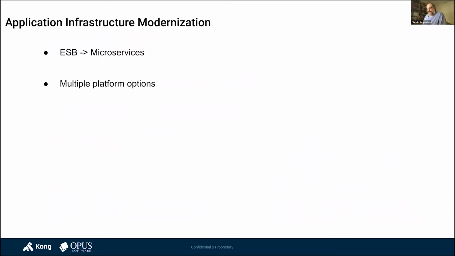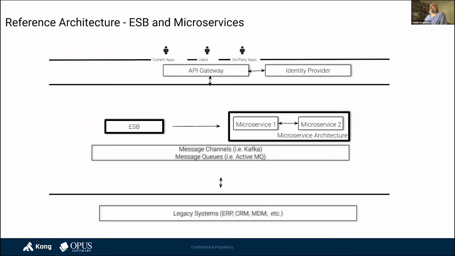To get started, let me talk about the enterprise service bus to microservice migration process first. Here's a reference architecture, in a very simple way, where you have both worlds inside the same environment.